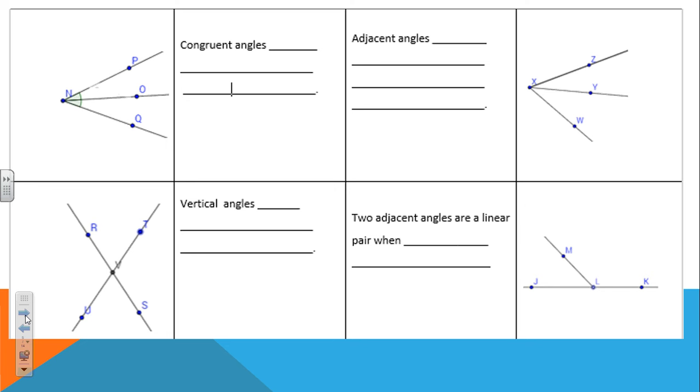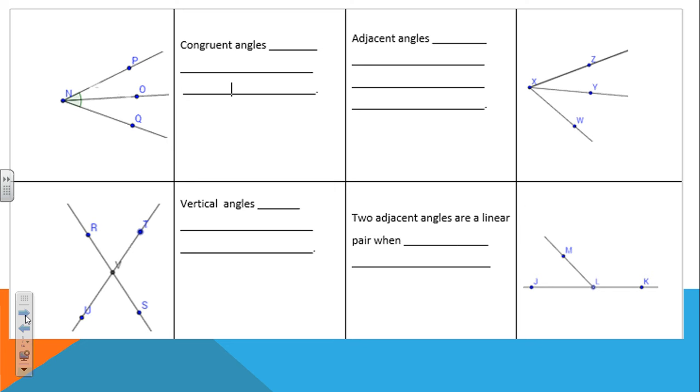So what are two adjacent angles? How are we going to define them? Nathan and Jacob sit adjacent to each other. What does that mean? Next to.